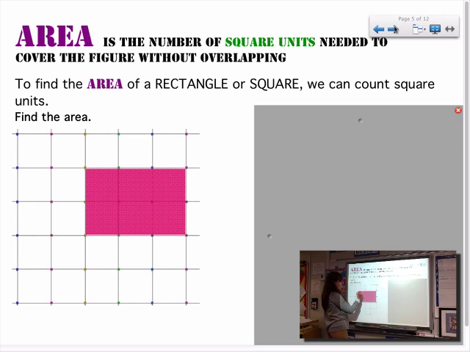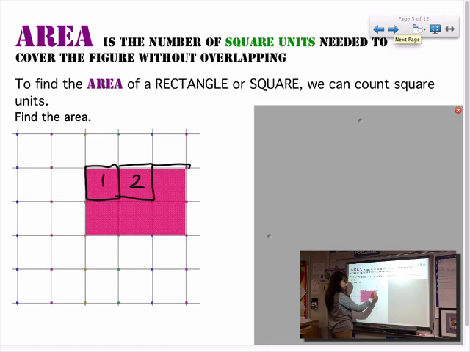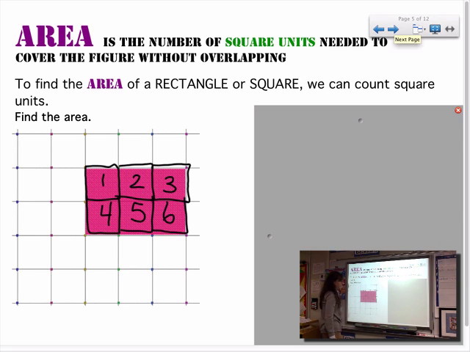I see that I have 1 square unit, 2 square units, 3 square units, 4 square units, 5 square units, and 6 square units. So we know that the area of this rectangle is 6 square units.